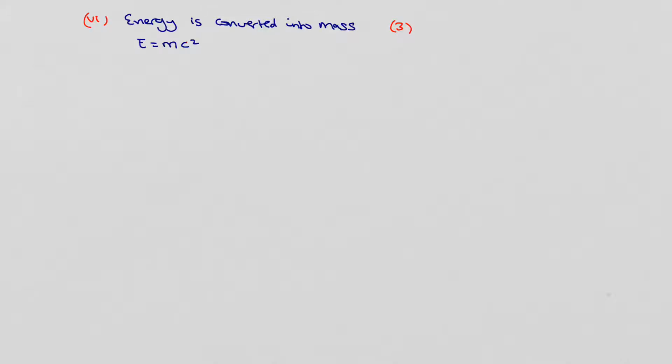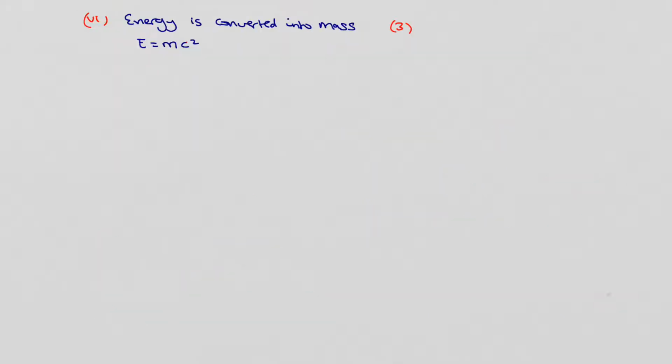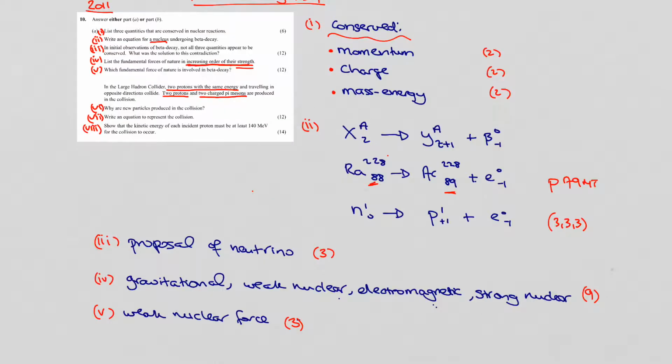Okay, so the next part, if we go back, says write an equation to represent the collision. So we have 2 protons beforehand, and then after the collision we also have 2 protons. Now we have to be careful here because it says we have 2 charged pi mesons.